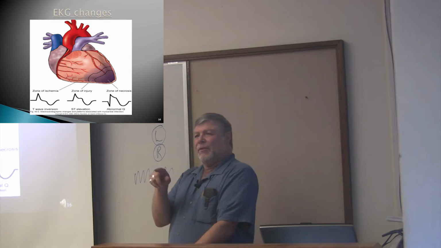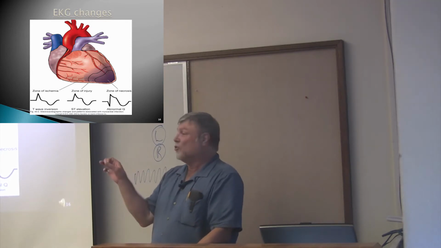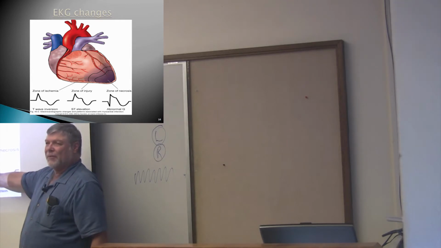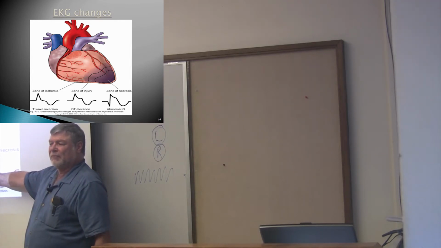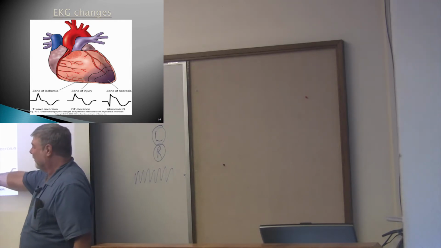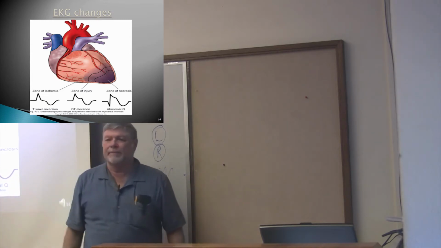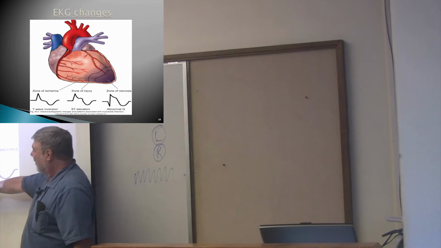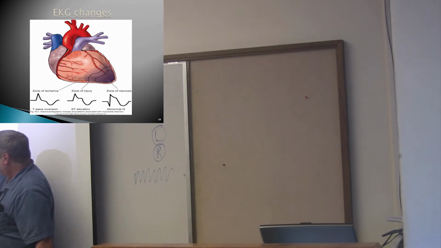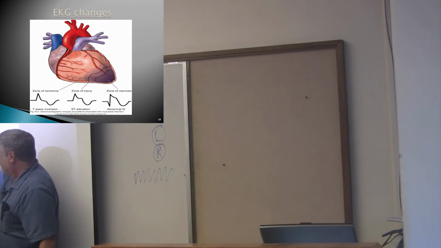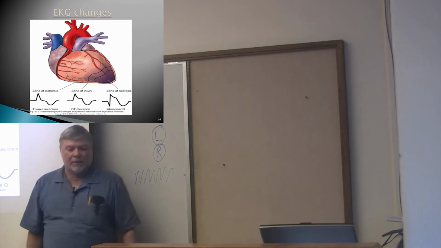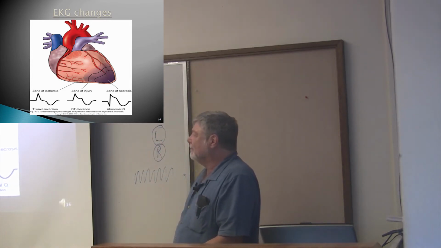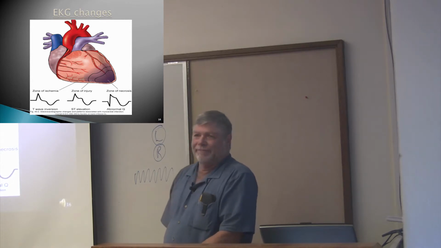So the ST segment should be isoelectric, which means the same electrical level as the baseline. So when they talk about elevation, they're talking about this segment here being higher than normal. And that indicates damage.